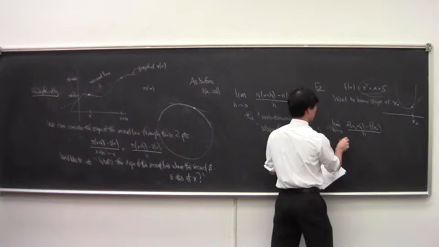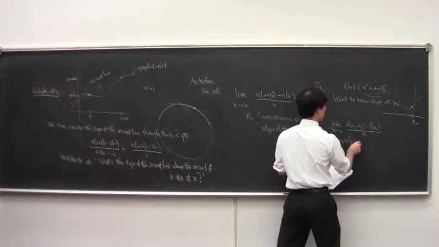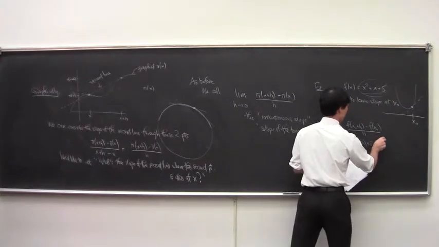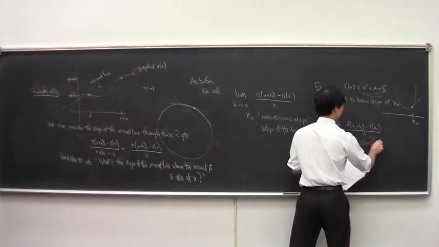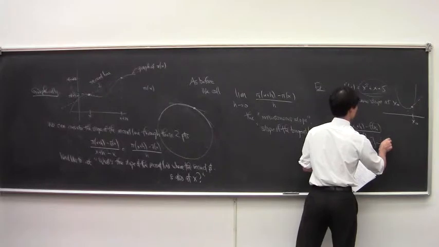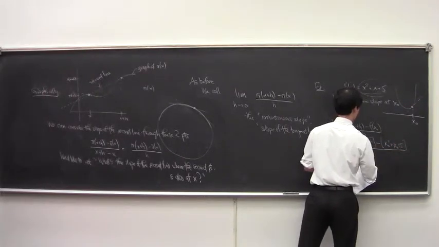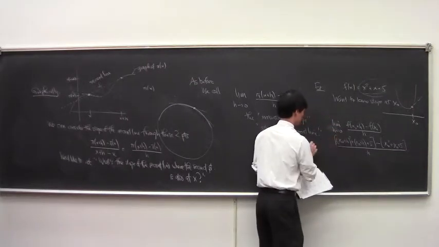We get x naught plus h squared plus x naught plus h plus 5, and then we subtract off x naught squared plus x naught plus 5, everything over h. Take the limit as h goes to 0.